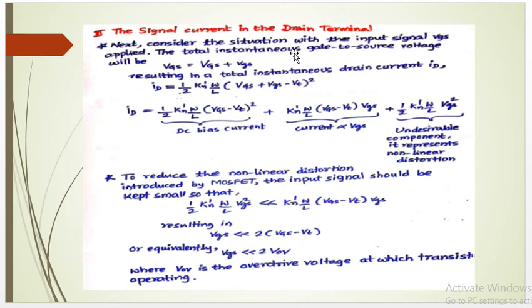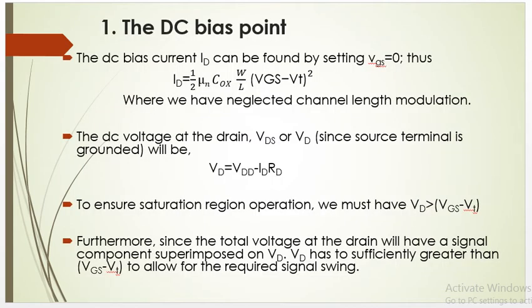Now if you observe, earlier in the saturation region the current was half Kn dash W by L, that is half mu n Cox. So that Kn dash is nothing but mu n Cox. Mu n Cox together can be represented as Kn dash. Half mu n Cox or half Kn dash W by L times (VGS minus Vt) squared.